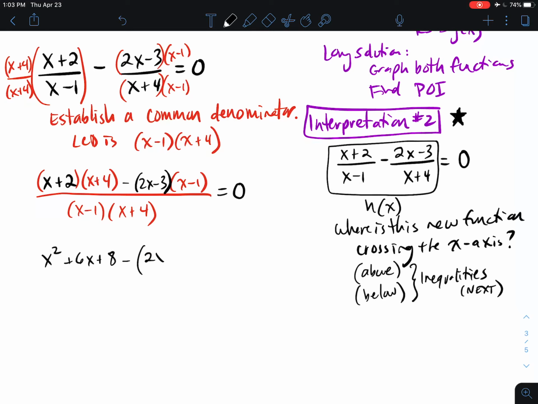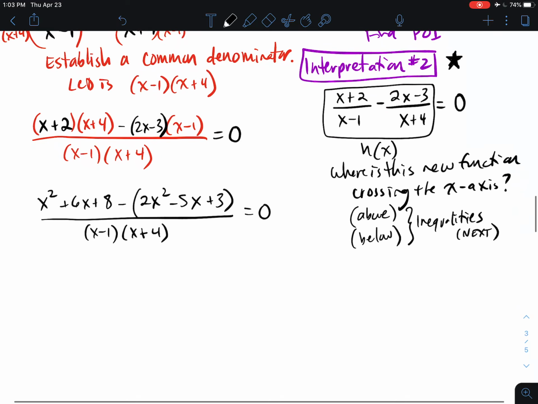So 2x squared, and then we have negative 2, and negative 3 makes negative 5x, and then negative 3 times negative 1 is positive 3, over that same denominator. And now I'm going to continue to collect like terms. So I have x squared minus 2x squared, so we have negative x squared. And then I have 6x minus negative 5x, which makes 6x plus 5x, which is 11x. Then I have 8 minus 3, which is 5.